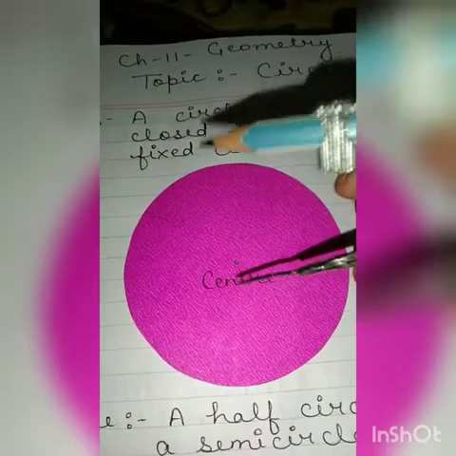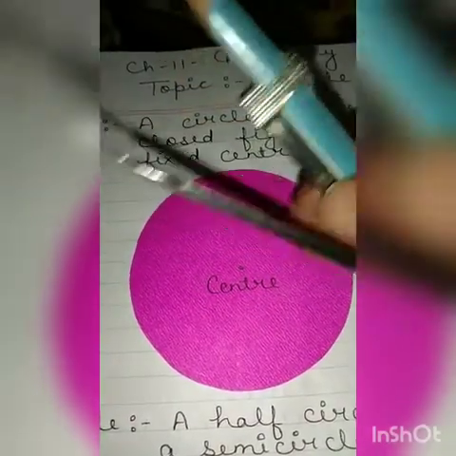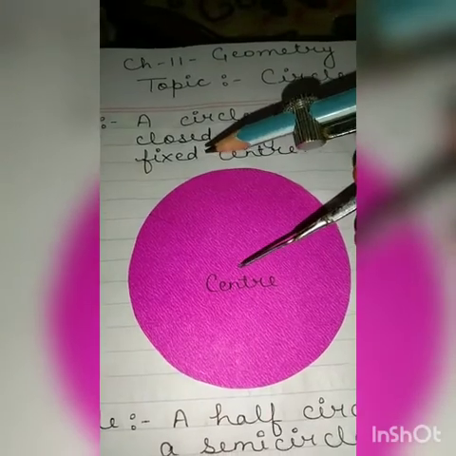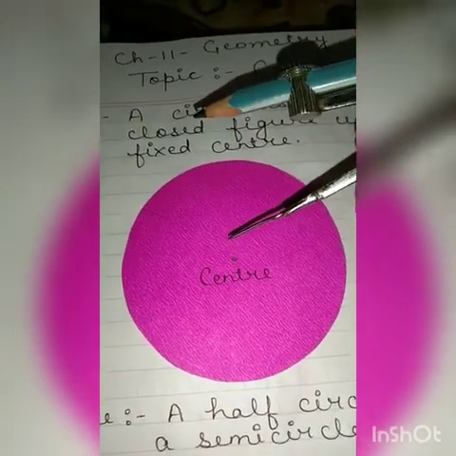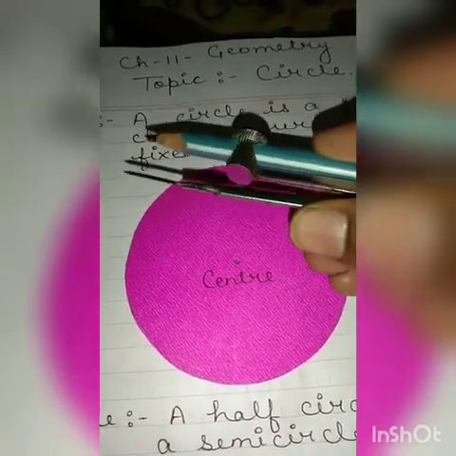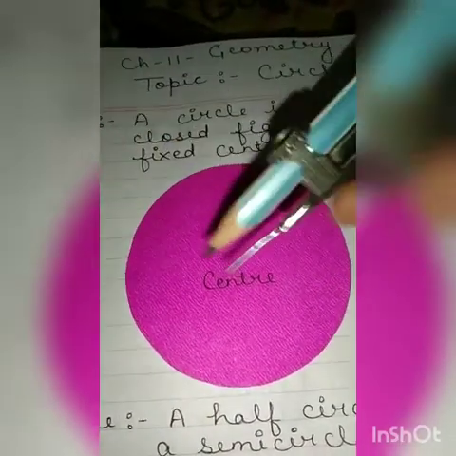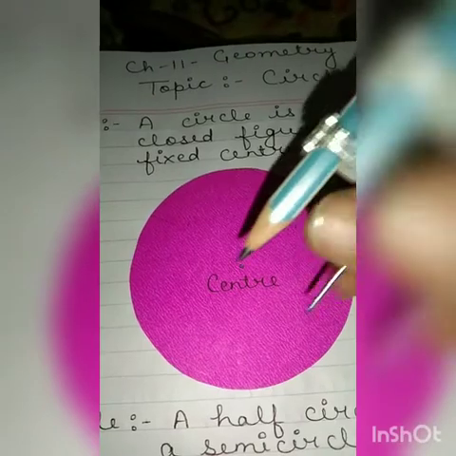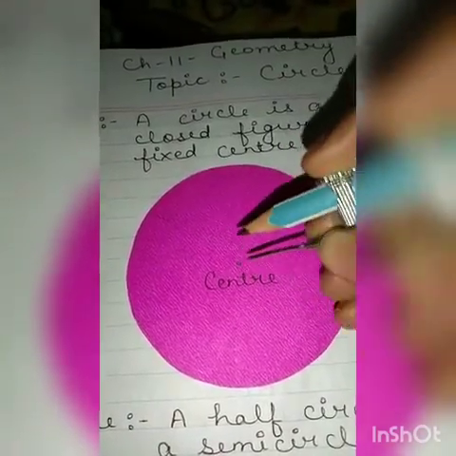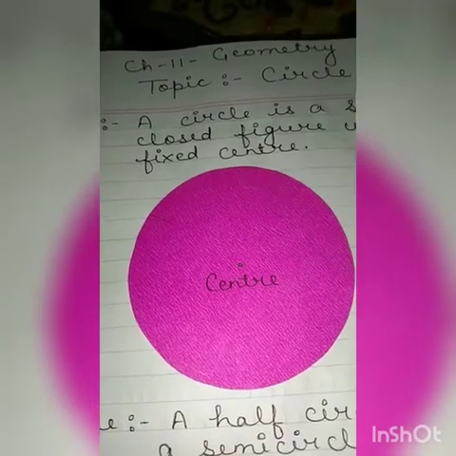Whenever you are drawing the circle with the help of compass, you will easily get the center. But when you are drawing the circle with the help of a cap, bottle's cap or something else, or bangles, you will not get the center because you are not able to measure that this is the center of the circle.